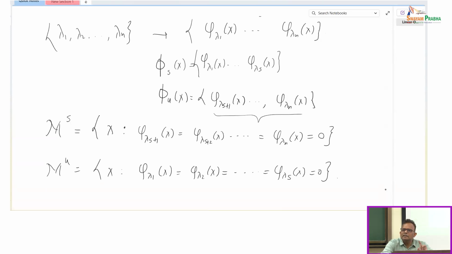Let's look at a simple example of a linear system and see how this whole thing works out, because we know for a linear system how to compute the eigenfunctions. For eigenvalue lambda, you just take the left eigenvector. So you see what happens, and it's quite interesting. Maybe you could do this exercise yourself and see.